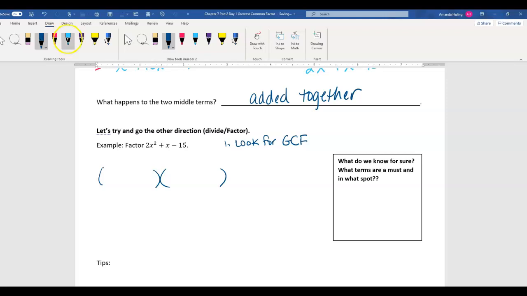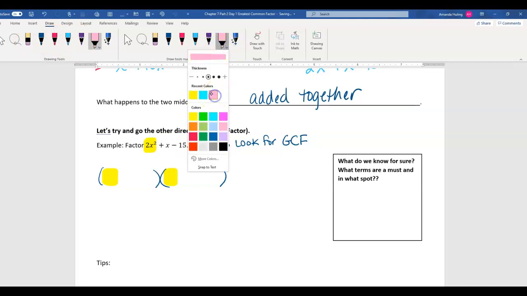So what do I need to think of? Well, remember, we talked about these two pieces being the good guys, the easy guys. I know that my yellow spot times my yellow spot is equal to that yellow spot. We know that.